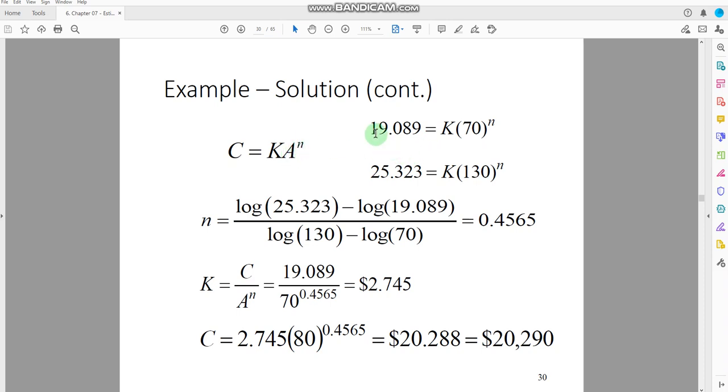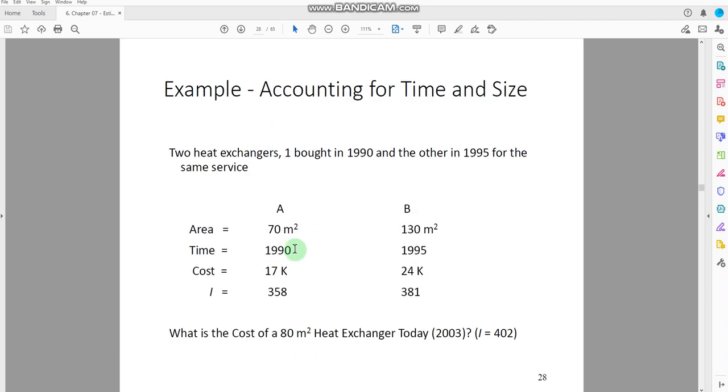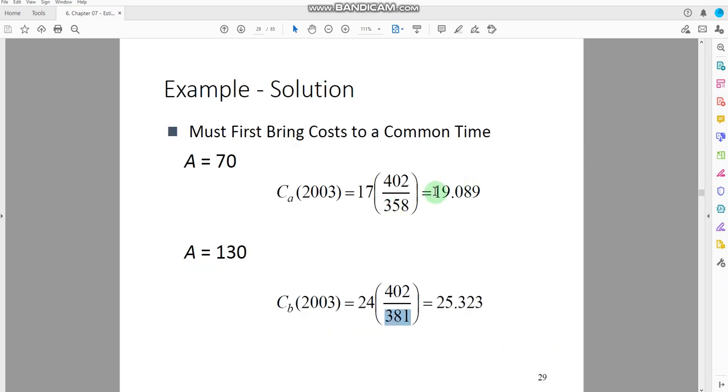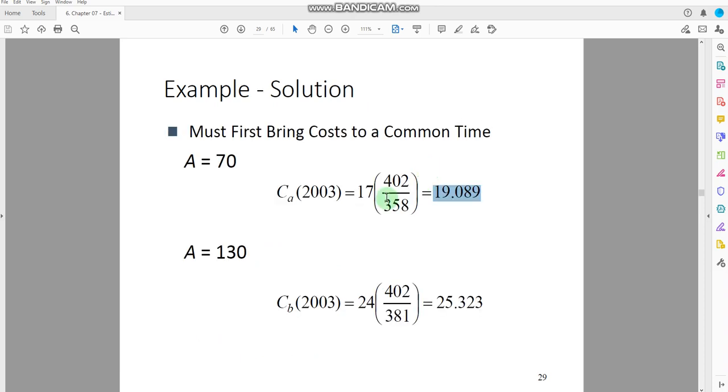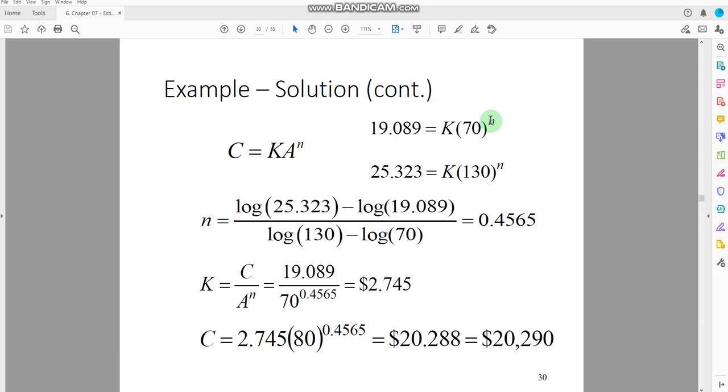In the current year we have found this cost to be 19.089, so we have put this one here. The value of K we don't know. The capacity of the heat exchanger is 70 meters square, so we have this one from here, and the value of N we don't know.